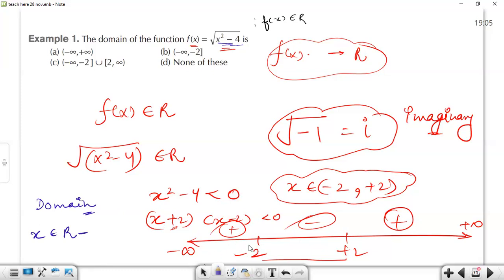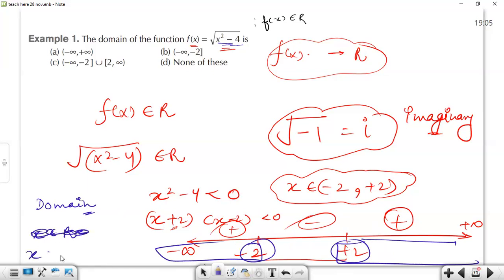We can take all the values from minus infinity to minus 2 and from plus 2 to plus infinity. So the domain should be from minus infinity to minus 2, union plus 2 to plus infinity. So this should be our answer.